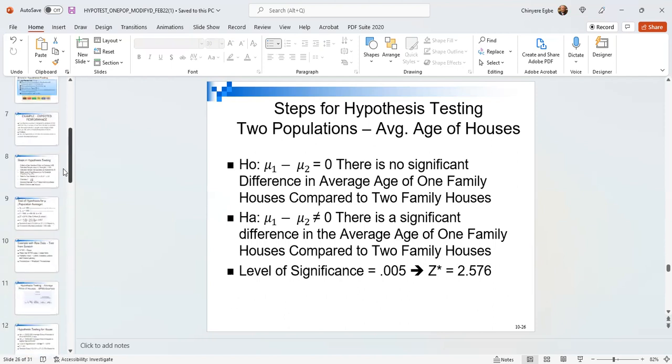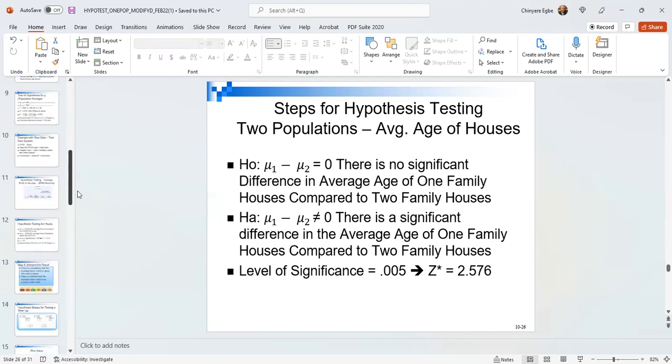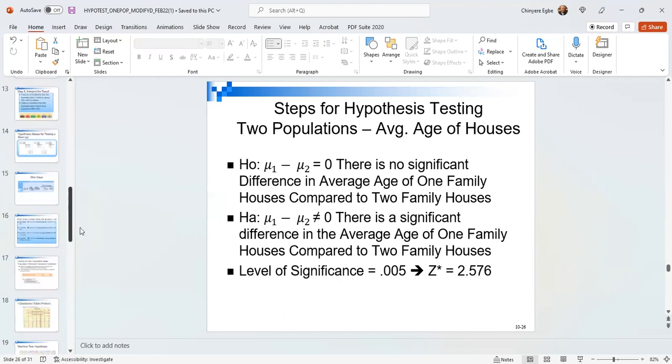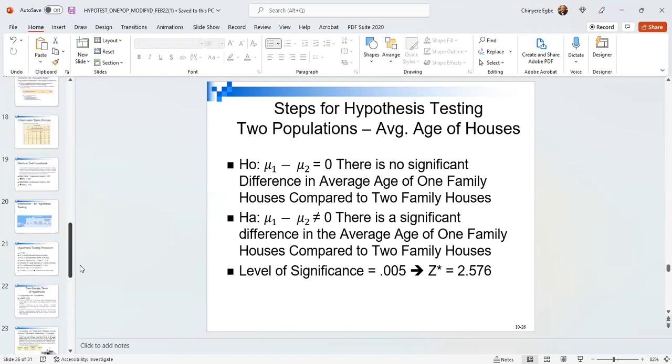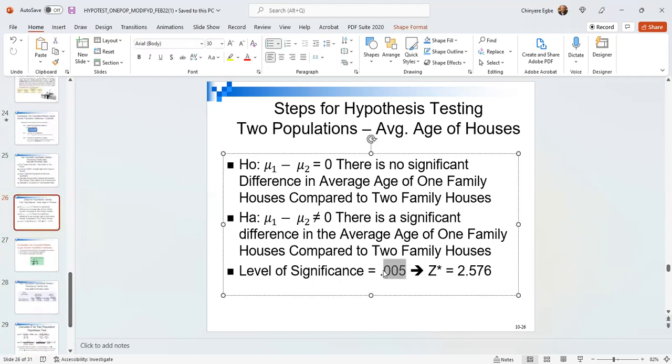And so let me see if we can still see our table. The table is not here because we used a different file. Okay. But if you look at 0.005, if you take 0.50 minus 0.005, that will give you what? 0.495.